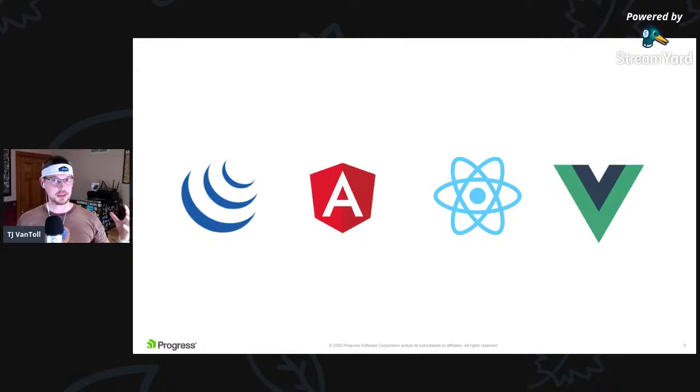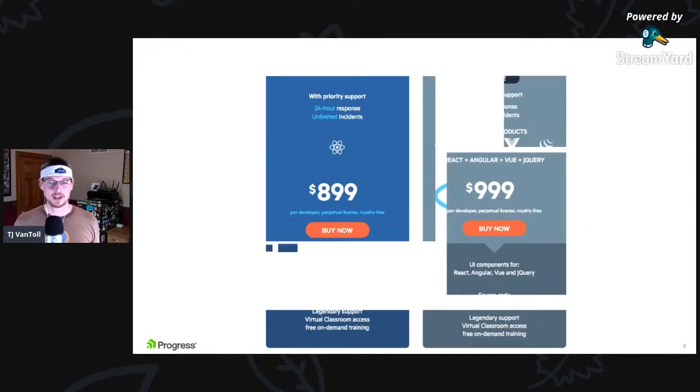For example, the themes that we use to control what the components look like are shared across all of these frameworks. So you could use Kendo UI as a way of standardizing the look and feel that you use throughout your organizations. And we have lots of customers and users that are using that today.